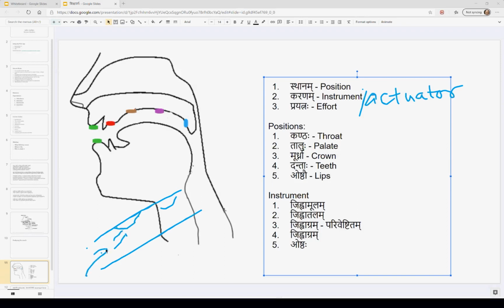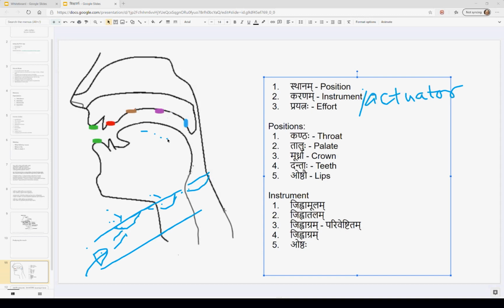The air comes out through the pipe, which we can assume as the oral cavity, and where the air is constricted, at what hole it is stopped, that is the position. With different fingers we stop the holes, so they are the actuators. In the case of our voice apparatus, most of the time we use the tongue, but there are other possibilities also.